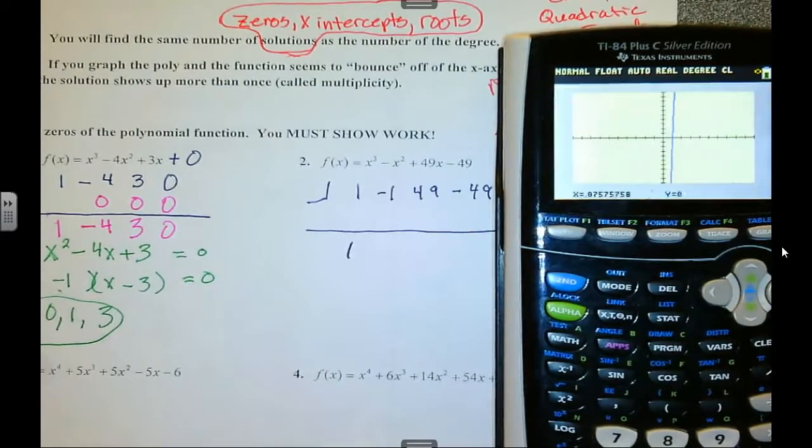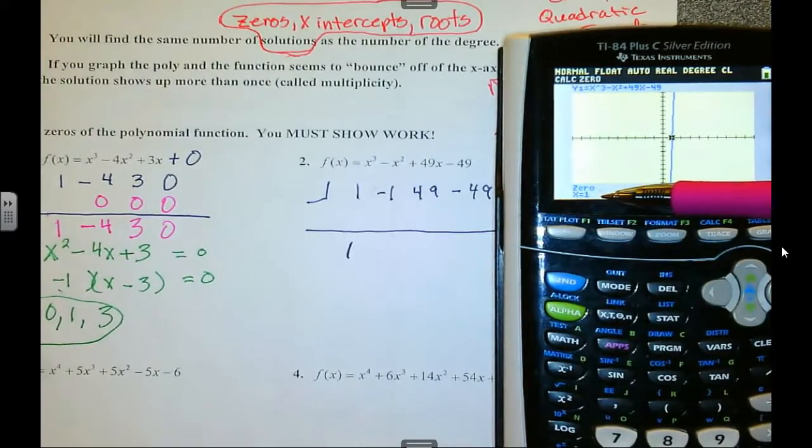I'm going to find the zero. Left bound, enter. Right bound, enter. Enter. And it is indeed x equal 1. x equal 1 is one of my solutions.